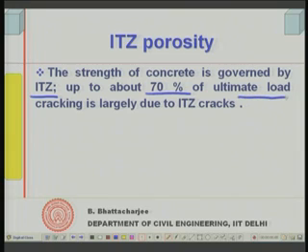And it has been observed that up to about 70% of the ultimate load cracking is largely due to ITZ cracking. The very first or the second diagram I showed, the photograph and the diagram, would show that large cracks are there at the aggregate boundaries.